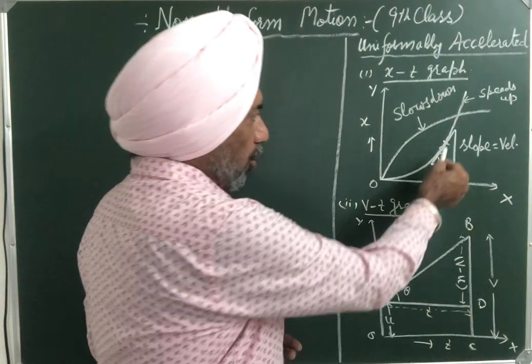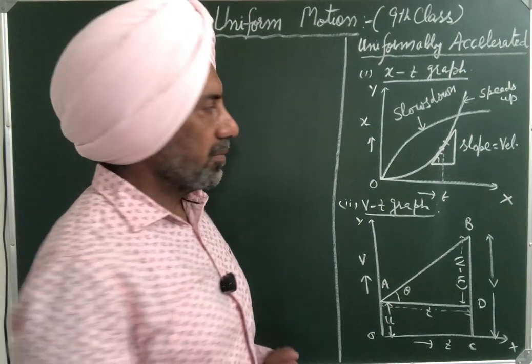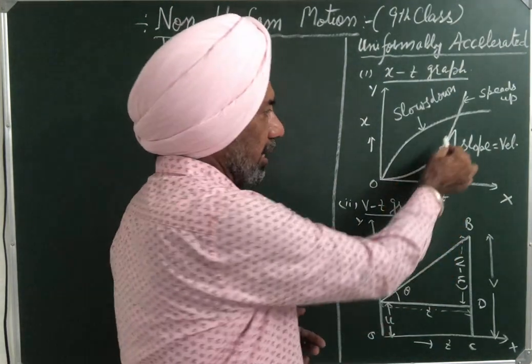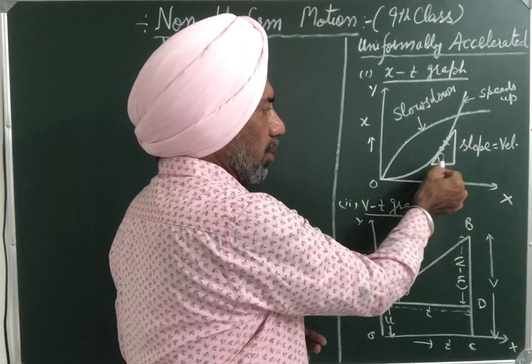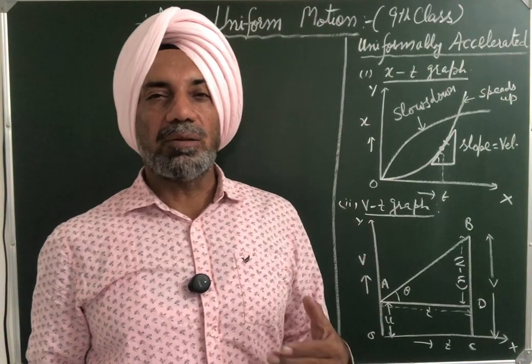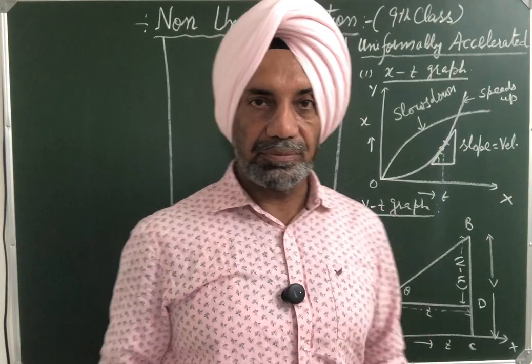And the slope of this graph at any time, if you take any two nearby points and draw a tangent, then the slope of this straight line, perpendicular over base, will give you the velocity of the body at that particular instant.